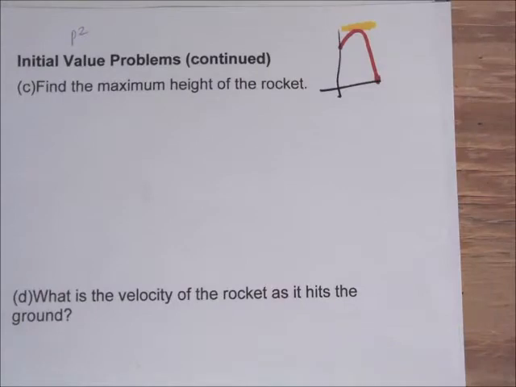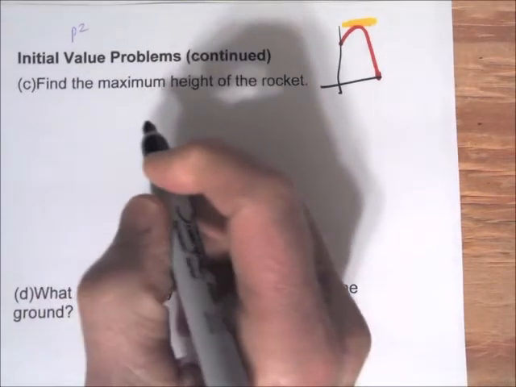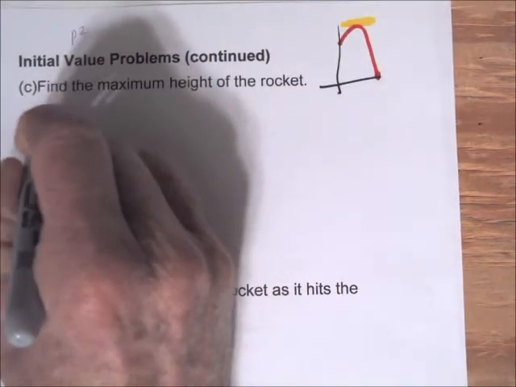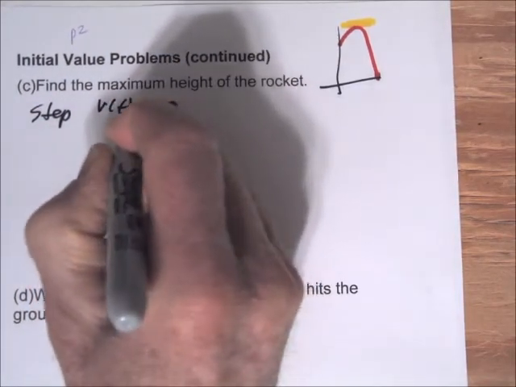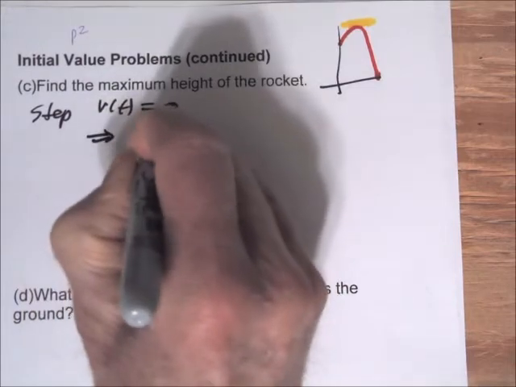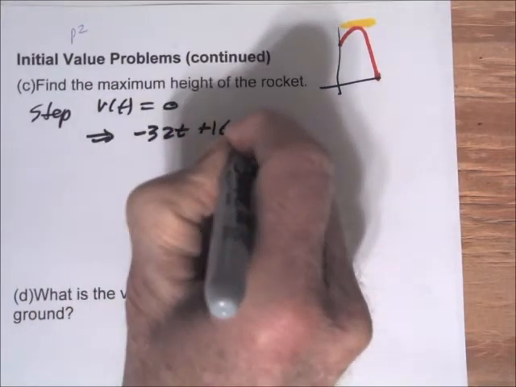So we can find the time if we set the velocity equal to 0. Step 1: v of t equals 0. That means minus 32t plus 16 equals 0.